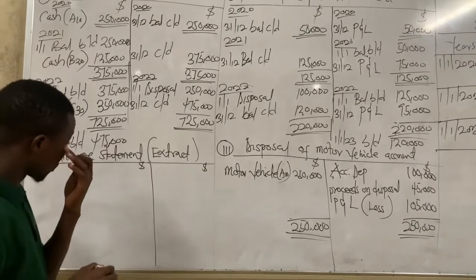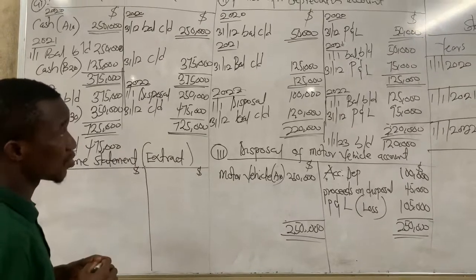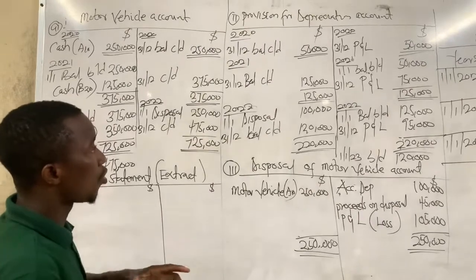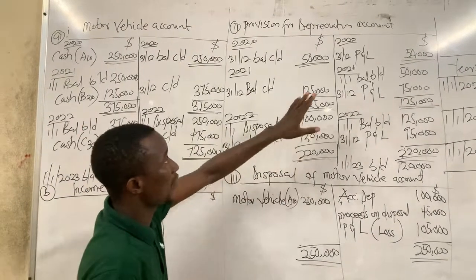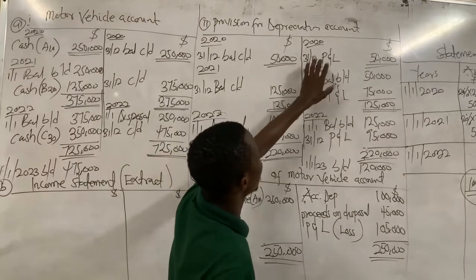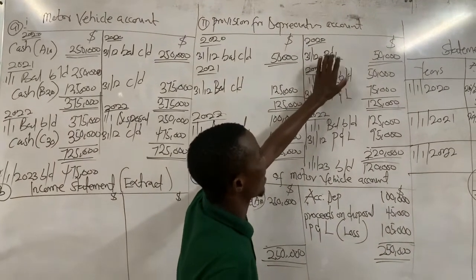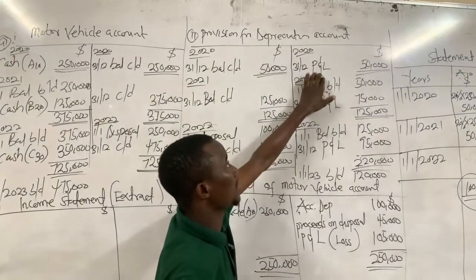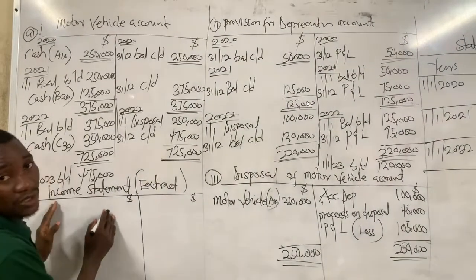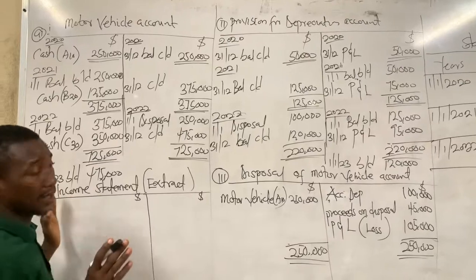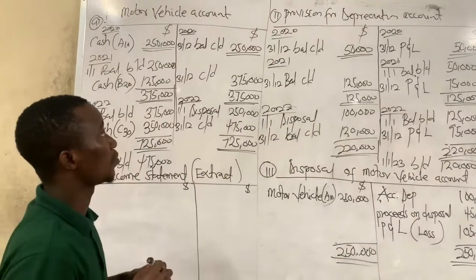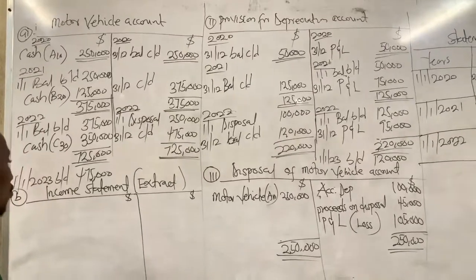With the income statement, from the provision for depreciation account, you can see that we have profit or loss at the credit side of the provision for depreciation account. So we are going to debit the income statement or the profit or loss account. It is very simple. It is just a double entry transfer we are making from the provision for depreciation account.